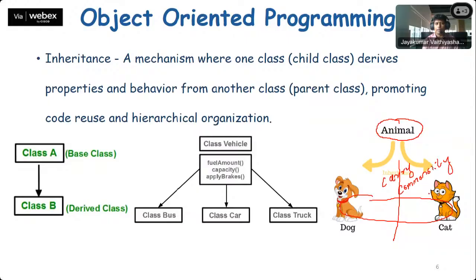This property is called inheritance: deriving from a base class to a subclass. Otherwise you can say it is a parent class and a child class. Multiple alternative terms and synonyms are there: base class, derived class, or base class, subclass. You can say it in any terminology, but the idea remains the same.